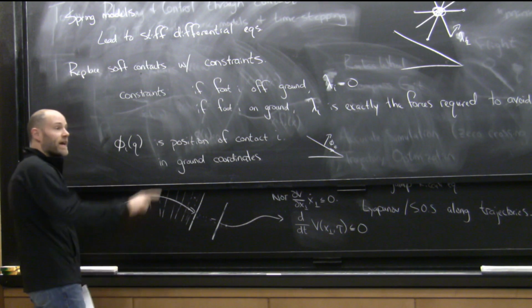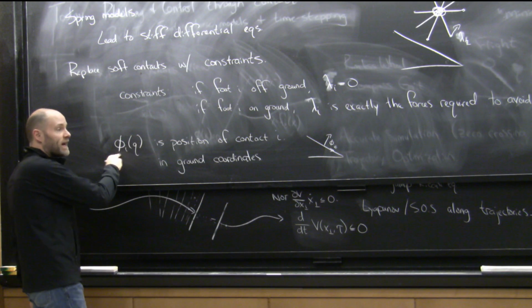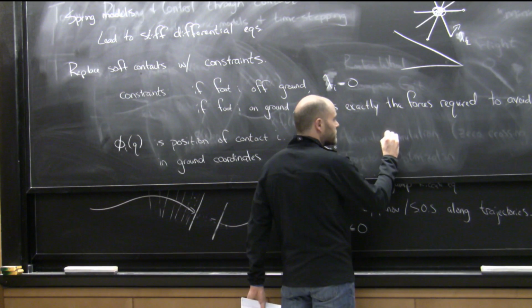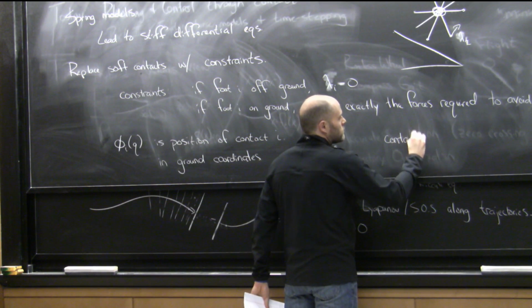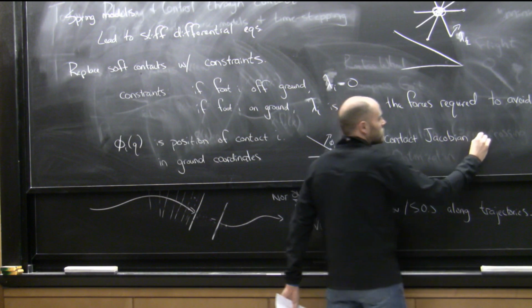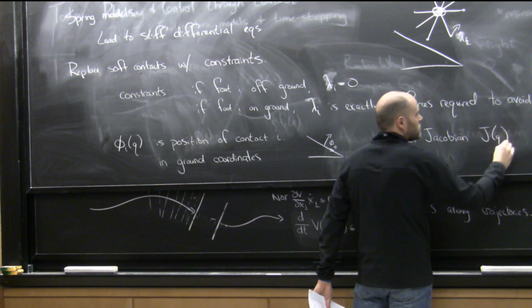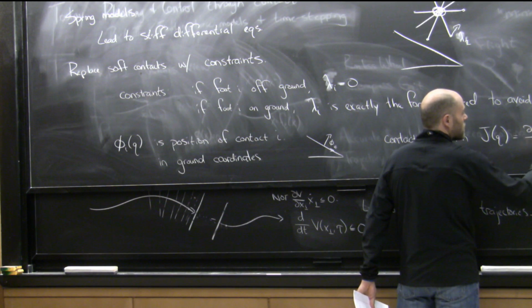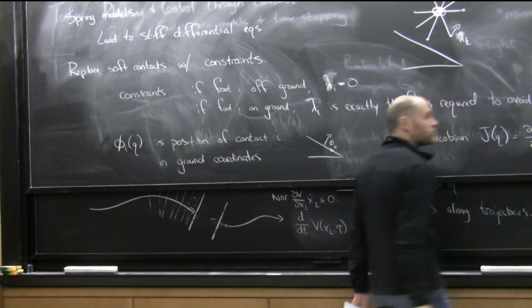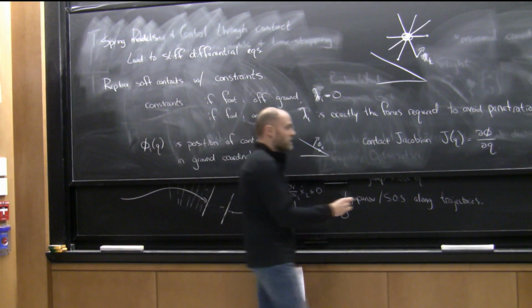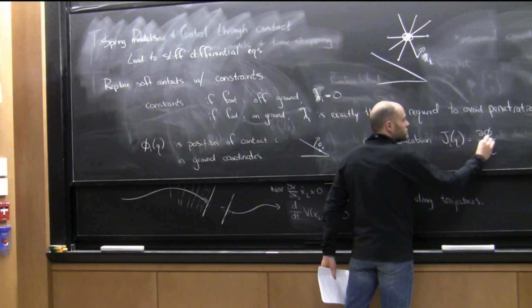In that case, if this is the location of my contact point, I have the J, the contact Jacobian, which is actually just partial phi, partial q. And if I have many of them, I'll put an I here.